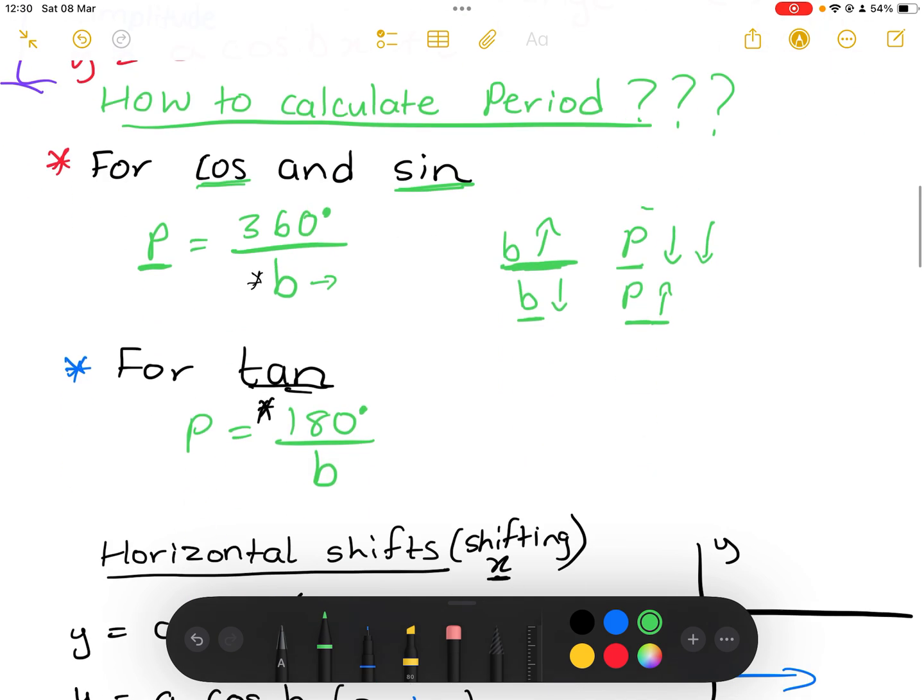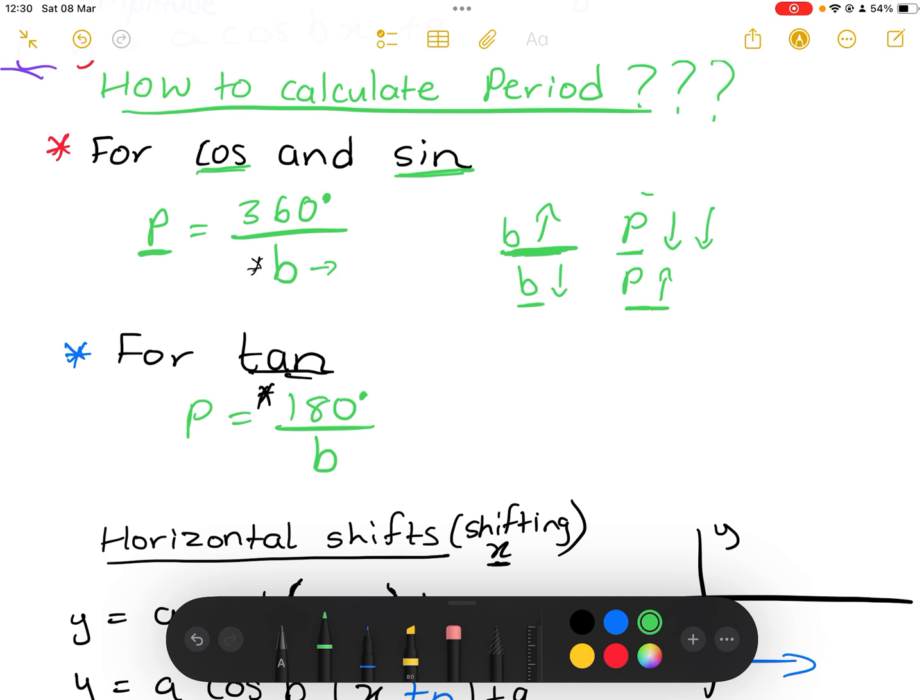And then for tan, the period there, we calculate by 180 divided by b. If your b changes to be smaller, so if it's less than 1, your period will increase. But if your b is greater than 1, your period will decrease. That is for your period.